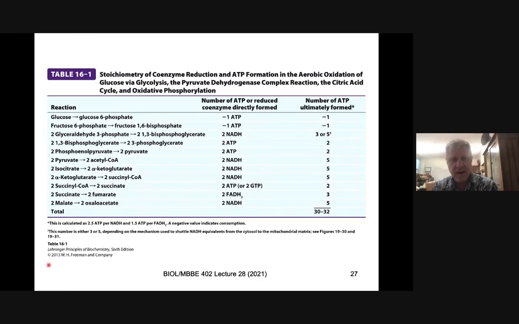So we have our consumption here in regards to our negative priming reaction, but ultimately, as you can see here, we produce a very large amount of NADH. We produce a small amount of FADH2 from this particular biological system.